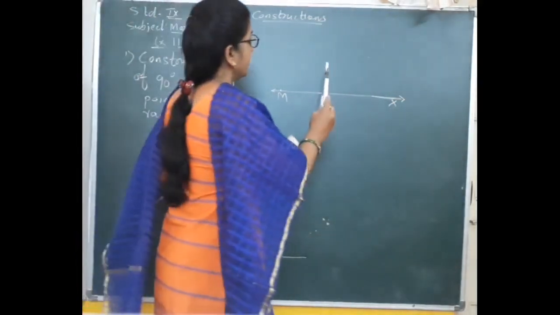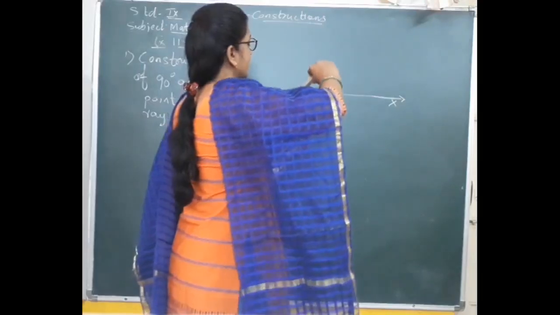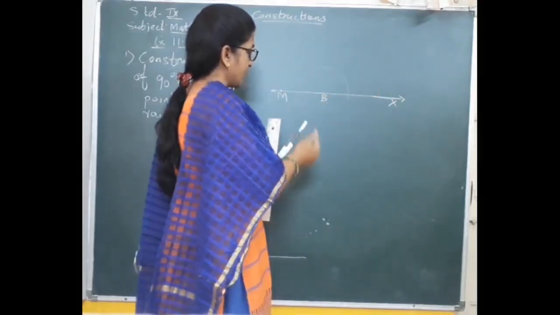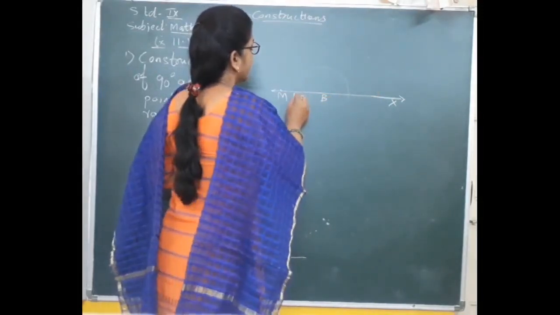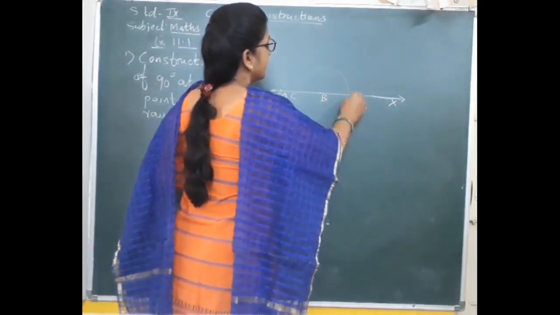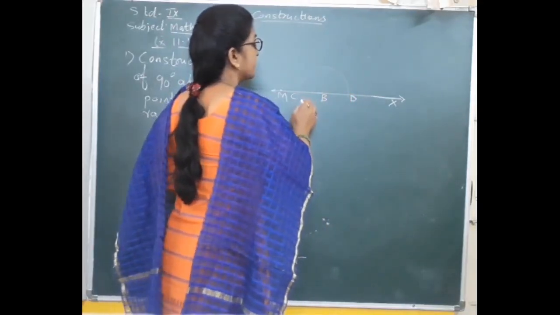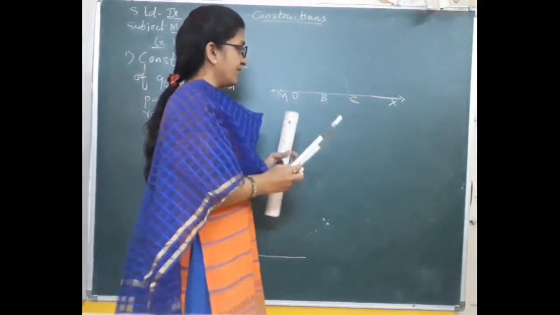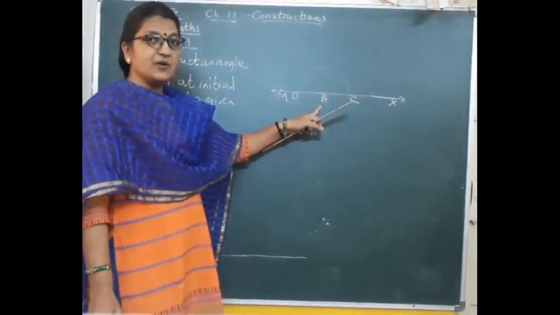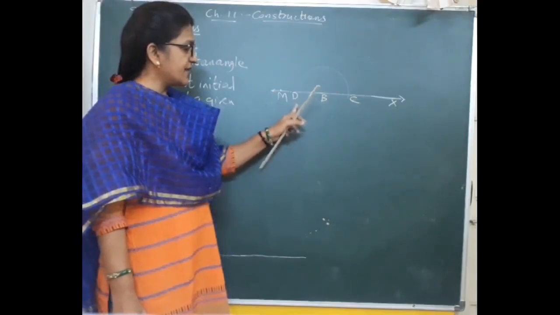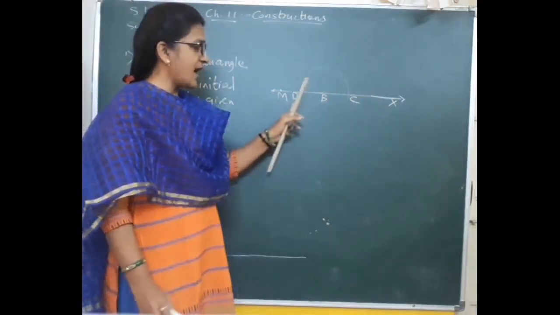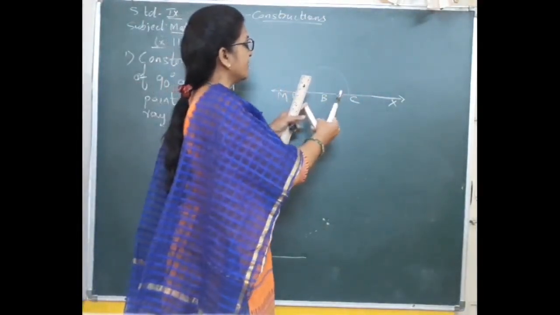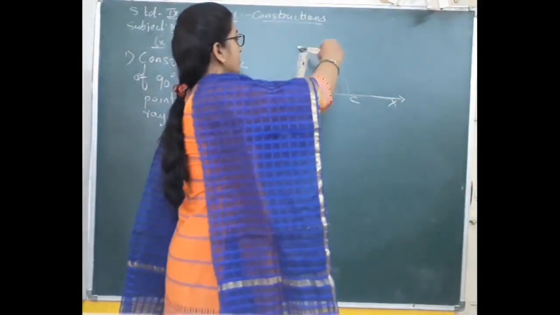B point as a center, and any radius, draw a semicircle arc. Let these two points be C and D. Now, once again, taking B as a center with any arbitrary radius, draw the semicircle arc which will intersect this line MDX at points C and D. Now, taking more than half radius of BC, draw the two arcs.